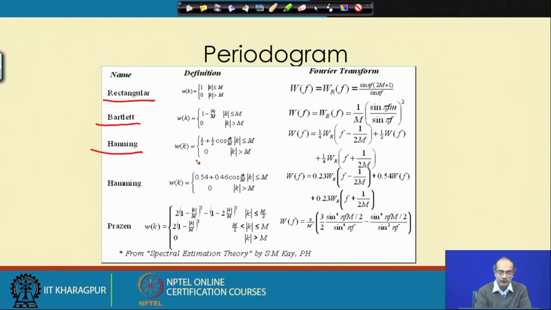I think a few properties are common for all these windows: they have maximum value at k equal to 0, and they are symmetric, and also they are even functions. Okay. So, these properties are common.